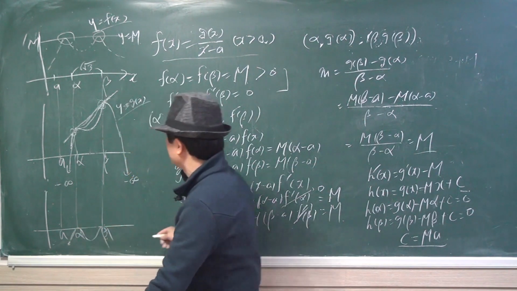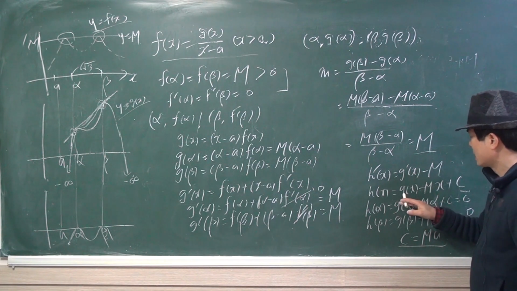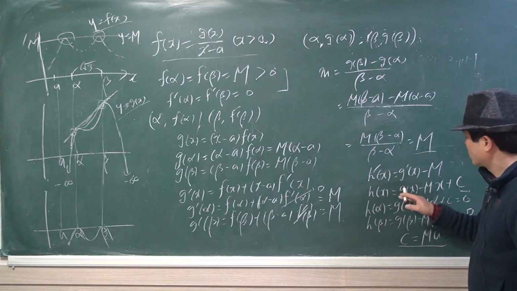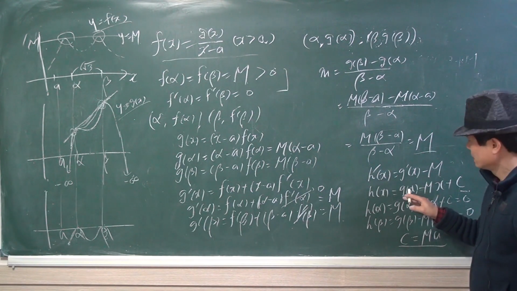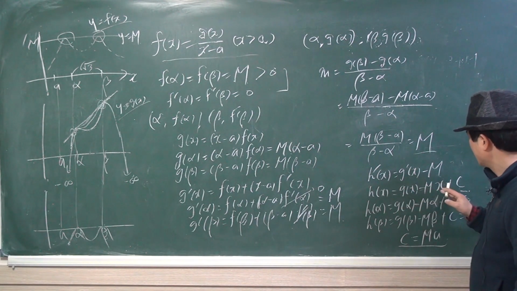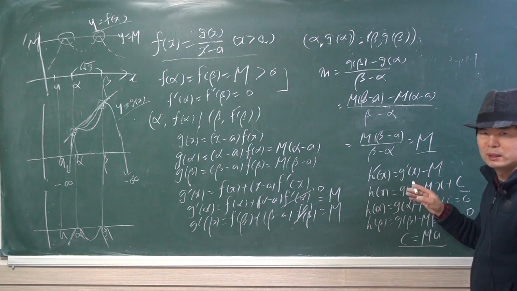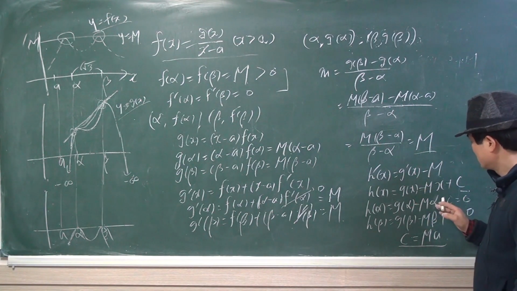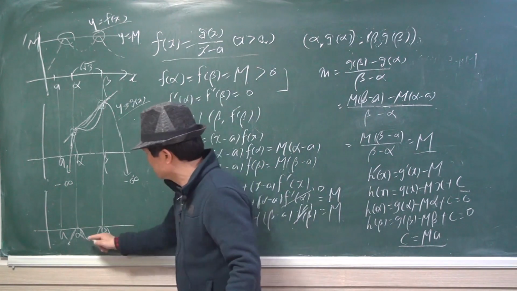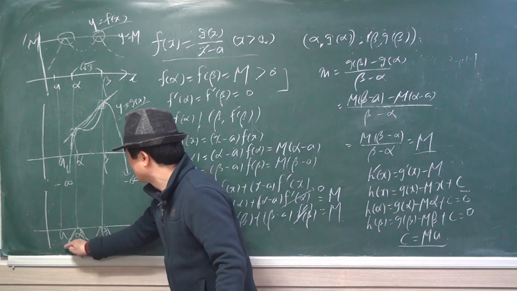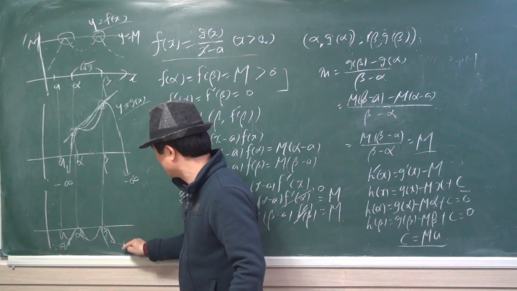It is also a quartic function that differs from g(x) only in the linear term and the constant. So it behaves like g(x). It goes down to minus infinity at both sides.